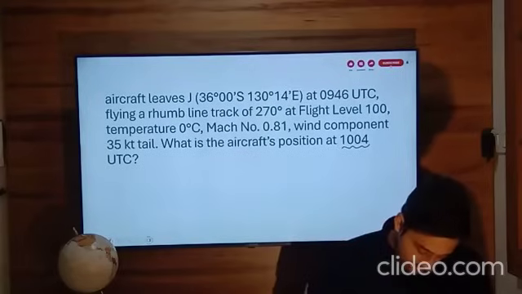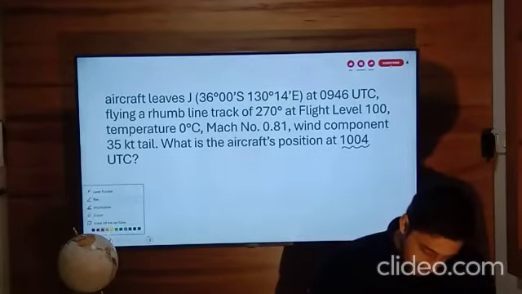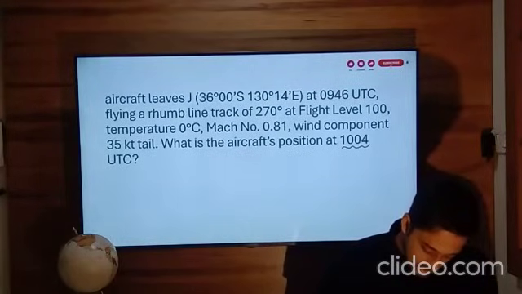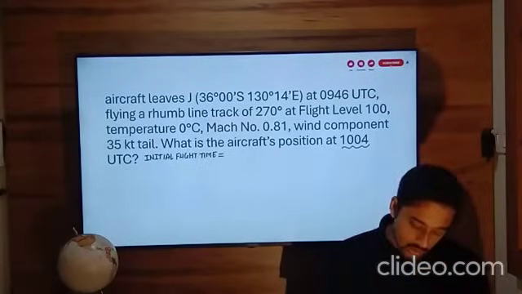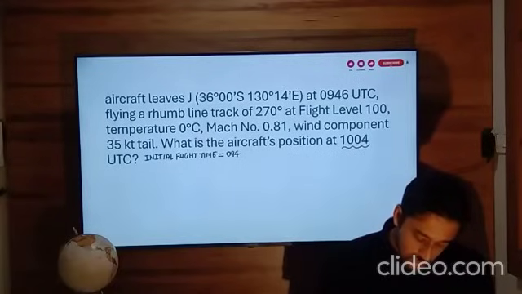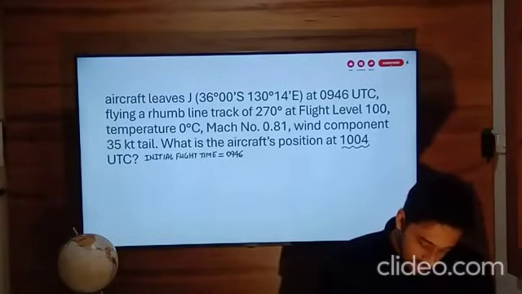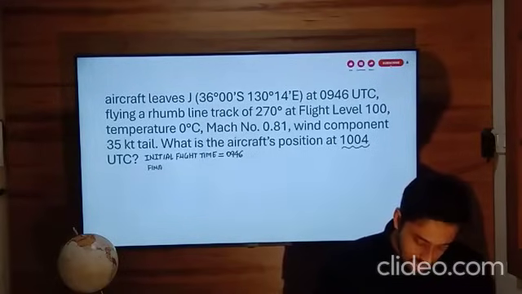So now we have the initial flight time, which is equal to 0946, and the final flight time is 1004.